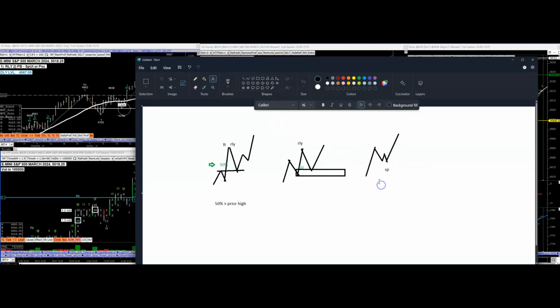And yes, this is a spring. It doesn't always have to be at the extreme low of a range. It springs this low. So you have scenario 1, it tests the prior high. Scenario 2, it tests the low area or the pivot area or the demand zone. Scenario 3, you just have a spring and you go.